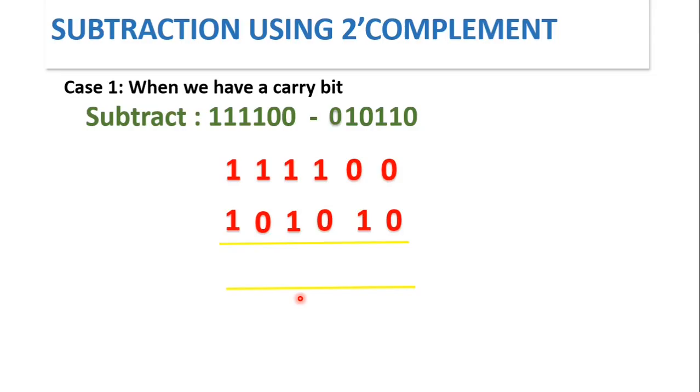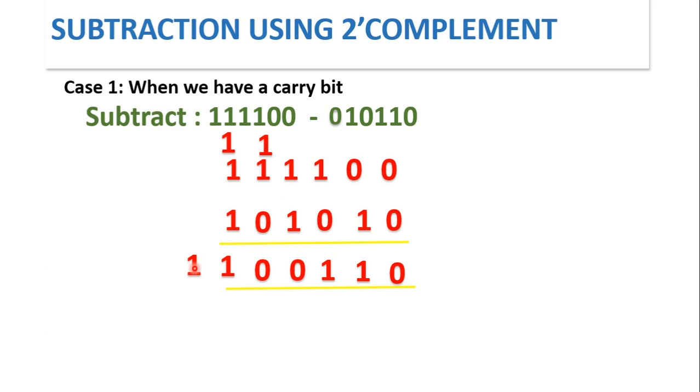So when we add, we get 0 plus 0 is 0, 0 plus 1 is 1, 1 plus 0 is 1, 1 plus 1 is 10, 1 plus 1 is 10, and 1 plus 1 plus 1 is 11. So you can notice here that we have an extra carry bit that is being generated.